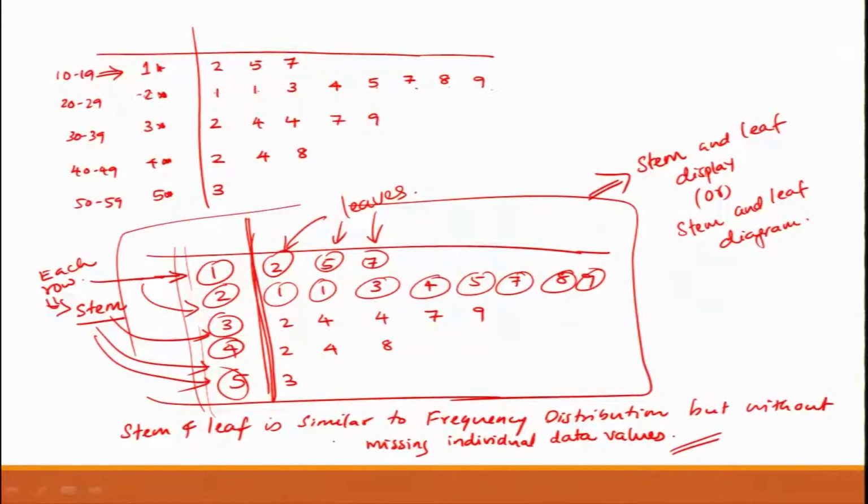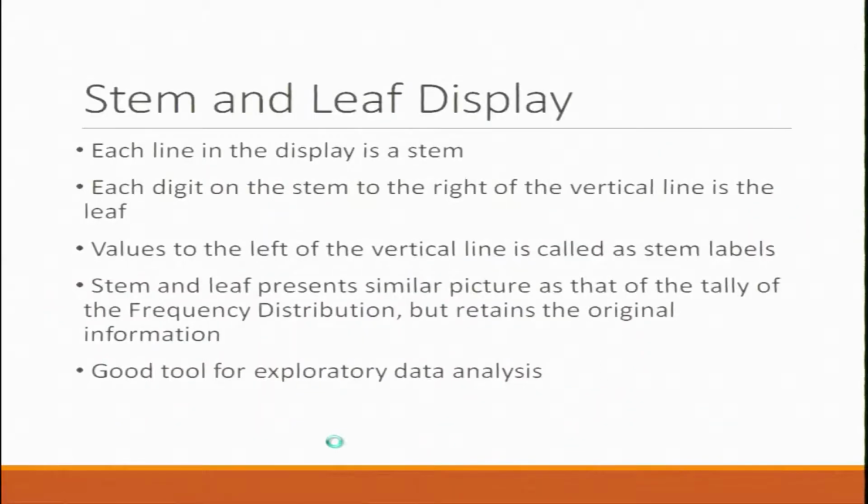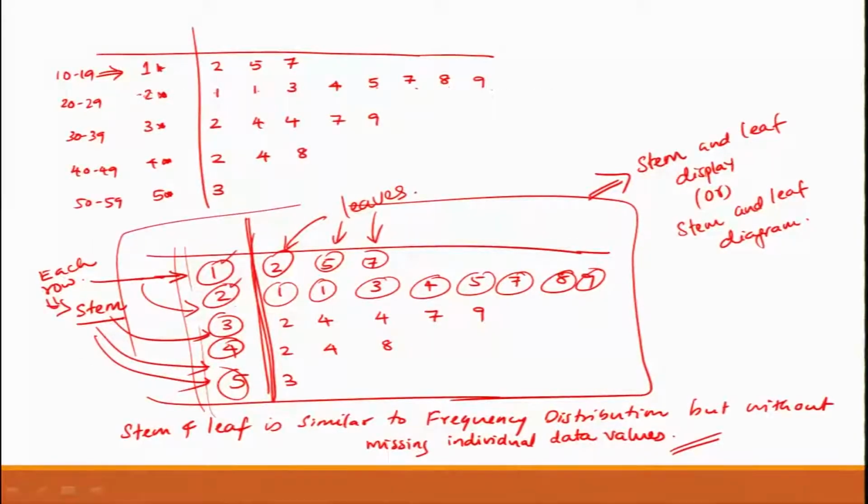Okay. So, this kind of a display is what we call as the stem and leaf display, and each line in the display, as we said earlier, is a stem. Okay.